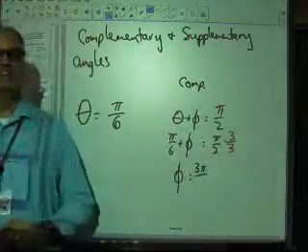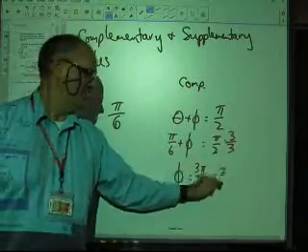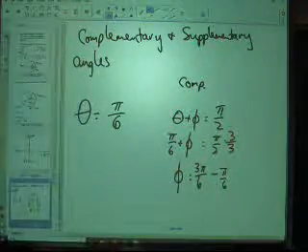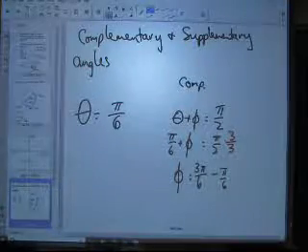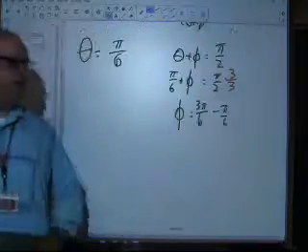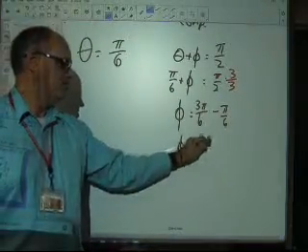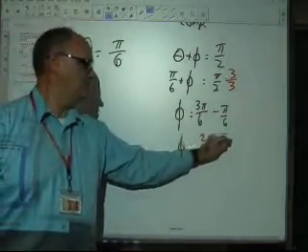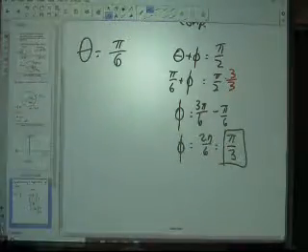What's 2 times 3? 6. So it gave me a common denominator. So what's 3 pi over 6 minus 1 pi over 6? 2 pi over 6, which simplifies to pi over 3. There is the complement of my pi over 6 angle.